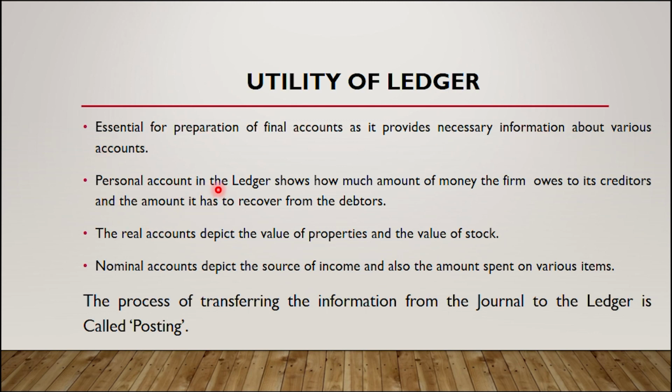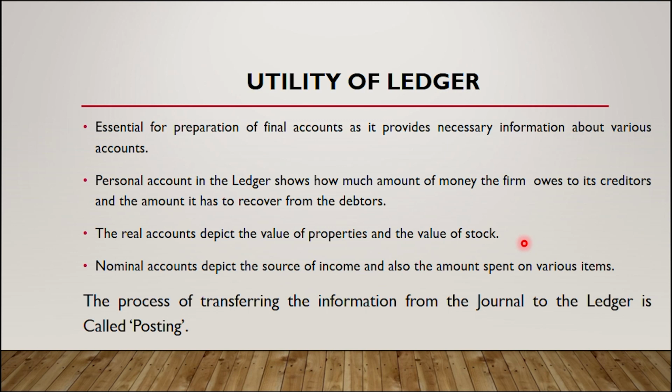Personal accounts in a ledger show how much money the firm owes to the creditors and the amount it has to recover from the debtors. The real account depicts the value of properties and the value of stock. Now value of property and value of stock keep on changing.